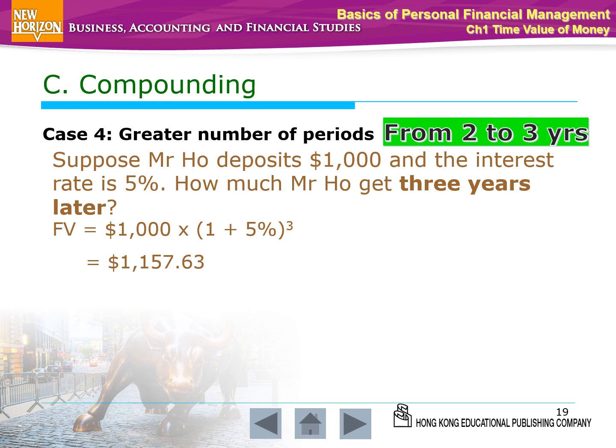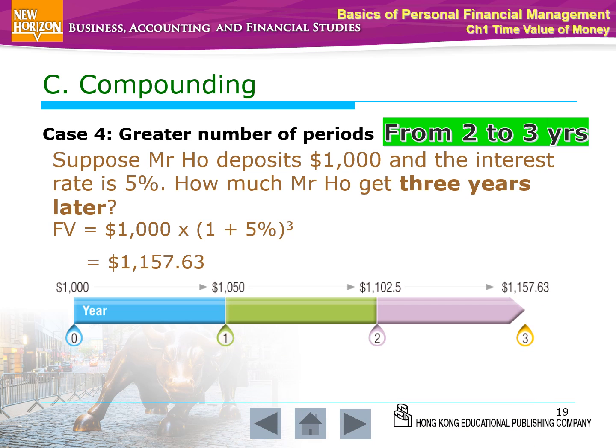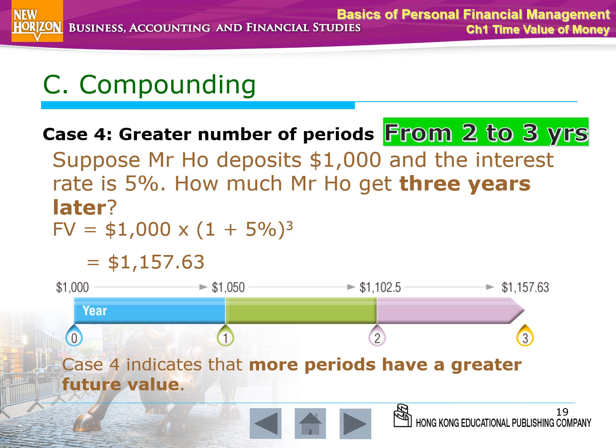So changing the n from 2 to 3, to the power 3 now, the future value has increased to $1,157.63. So you see there is one more timeline in purple. So the conclusion is that more periods have a greater future value.